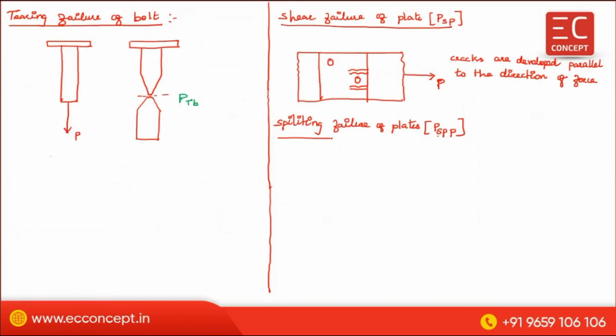The meaning of splitting failure of plate is, there was a plate, for example this is one plate, and this is another plate which was fixed over that.